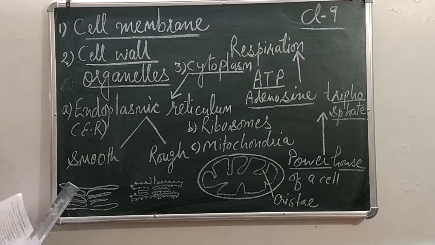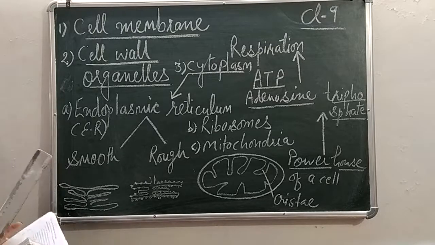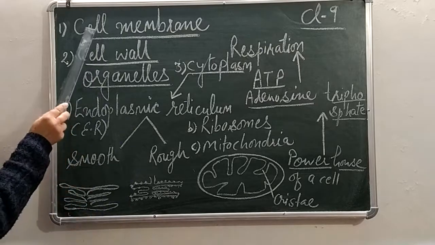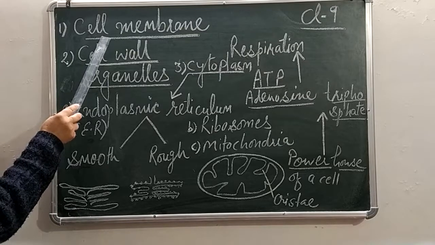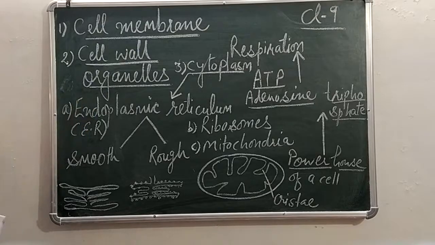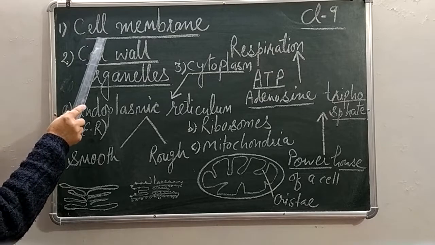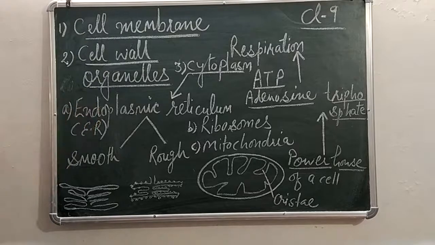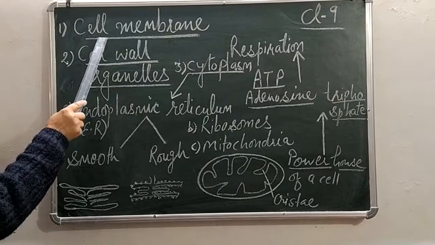It allows entry and exit of some substances while preventing some other substances from entering or moving out of a cell. That means it does not allow all types of substances to move in or out. So it is called a selectively permeable membrane.